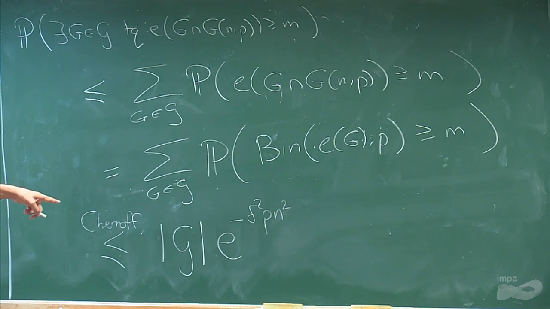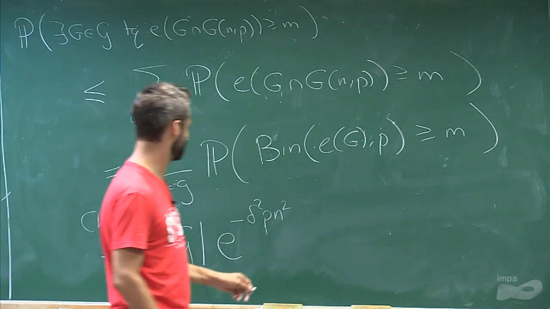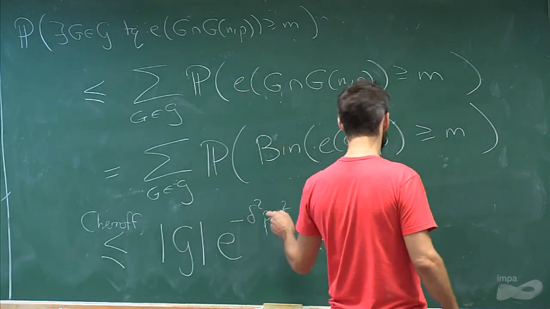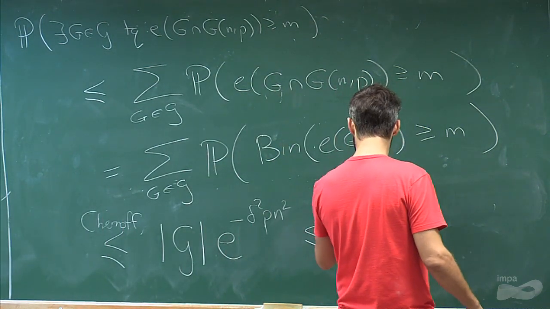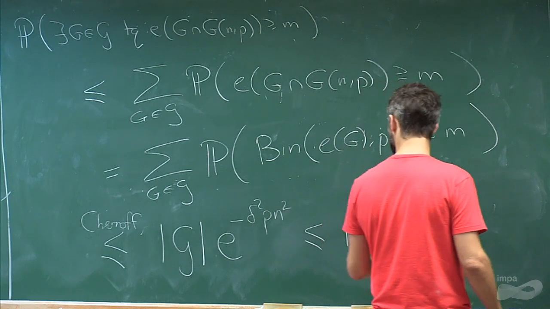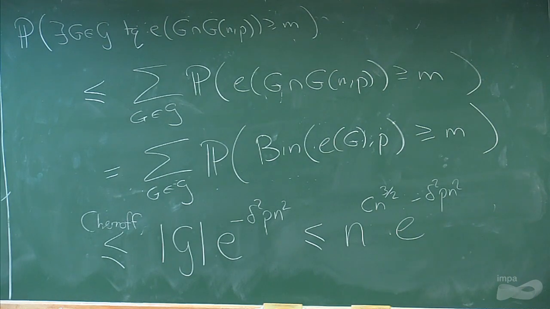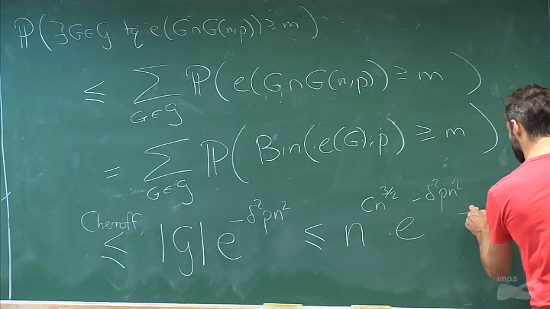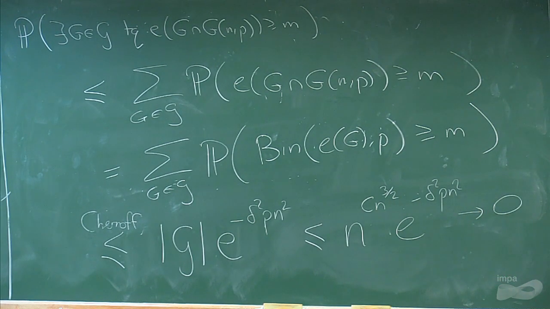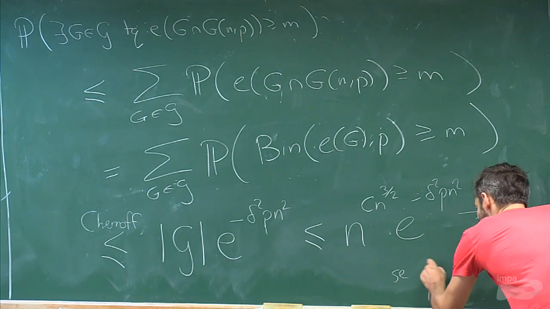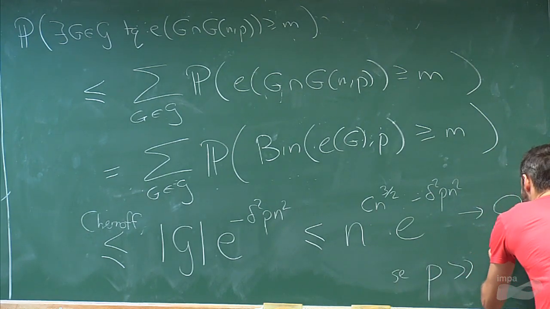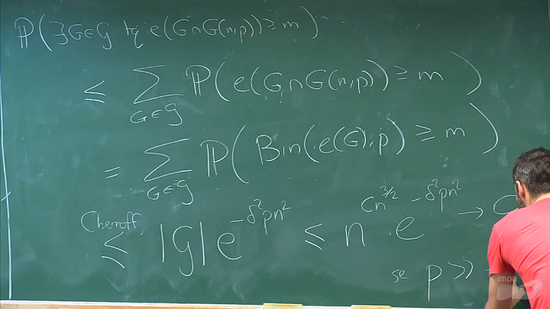This is Chernoff, an ancient concentration inequality from the 50s or something. So don't think I'm hitting you with some crazy high-powered thing here. This is just the standard tail bound. But how large is G? That large. So this thing is basically n to the c n to the 3 over 2 times e to the minus delta squared Pn squared, which tends to 0 if P is bigger than about log n over root n.